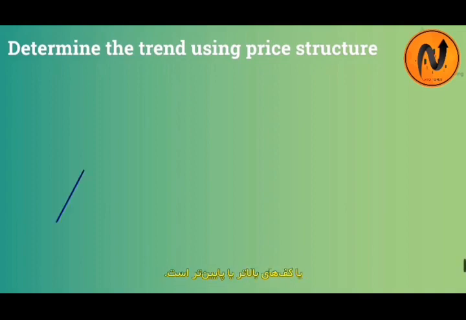First of all, let me give you an example. Let's assume that we have an uptrend. The price is moving up. The price creates a low and a high over here, a low and a high over here. Then, like every price, it does not move in a linear way. Linear means that it will not move straight.